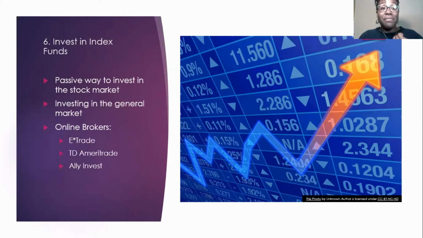Your money's safe, and you're safe. You're continuously gaining money by putting it in index funds as long as the stock market is gaining money. Now, if the stock market tanks, then it's pretty much over for everybody that's invested in the stock market. But that is the risk you take when you invest in the stock market.